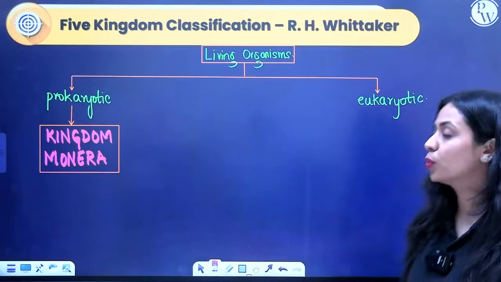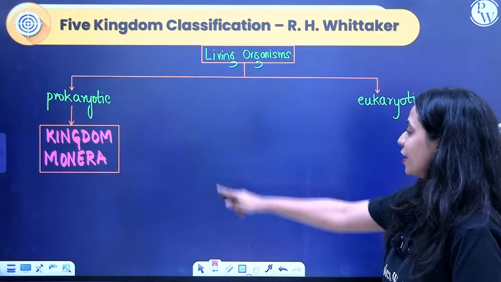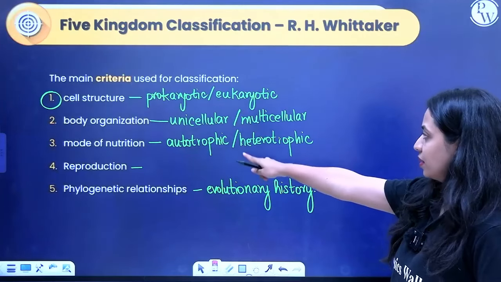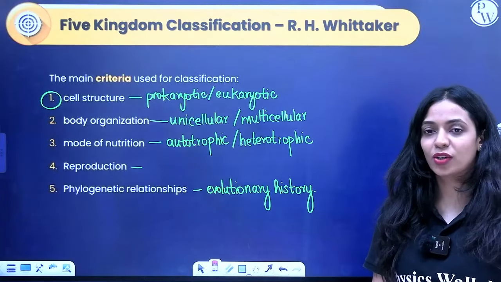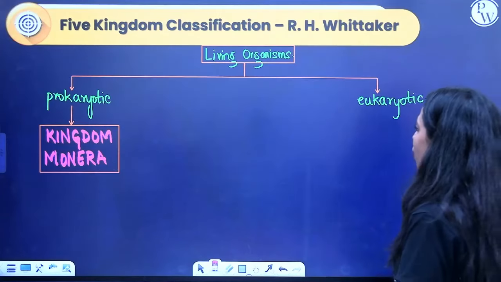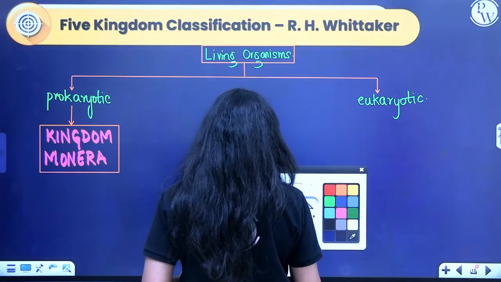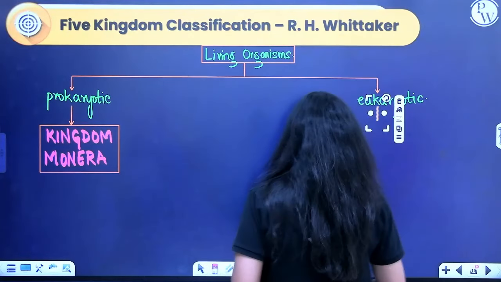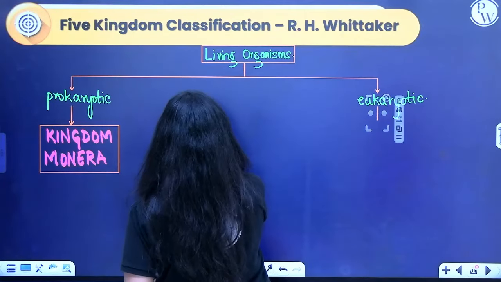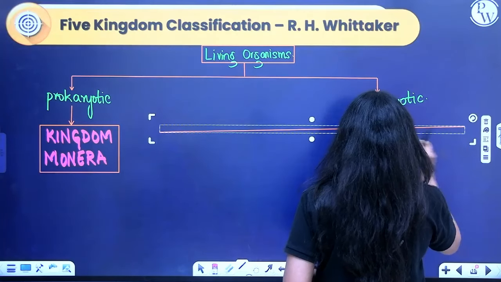We are left with eukaryotic organisms. Now, we will look at the second question here, whether it is unicellular or multicellular. If it is eukaryotic, it could be unicellular or it could be multicellular, right? So, we will check that.